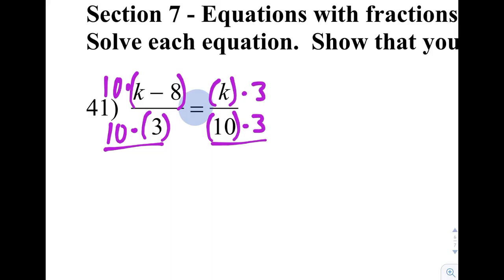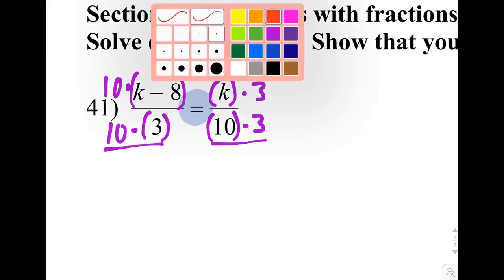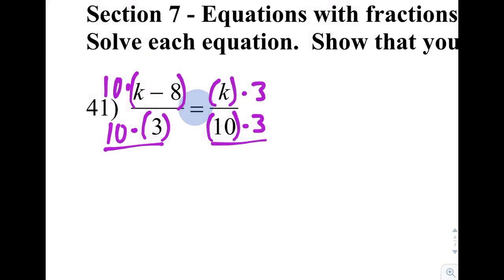You'll notice on the top, I will need to eventually do some distribution. So let's go ahead and do that right away. So now that I have common denominators, I distribute on top, leaving me with 10 times k is 10k, and 10 times negative 8 is negative 80.